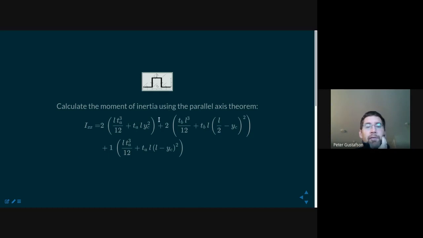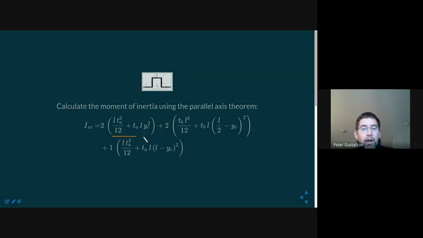The solution I've presented here is a parallel axis theorem calculation. For this one segment relative to YC, it gives us this. So what does the parallel axis theorem say? Well, it's the local IXX value plus the area times the distance squared.